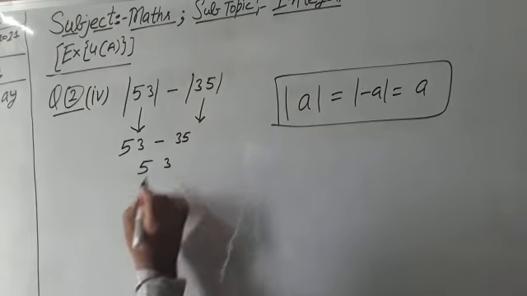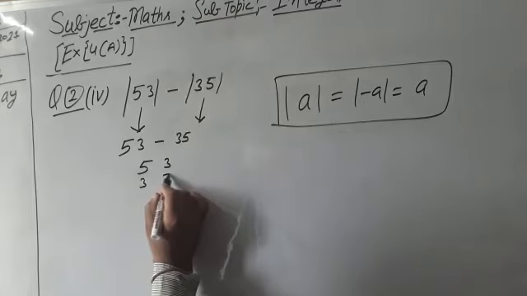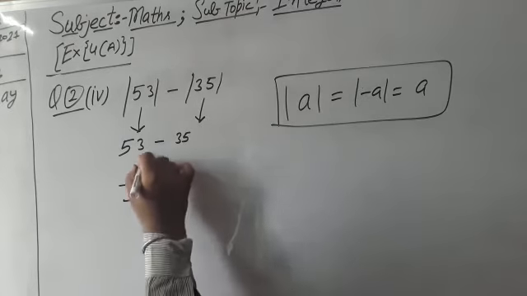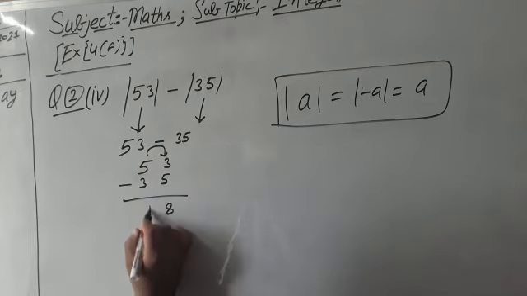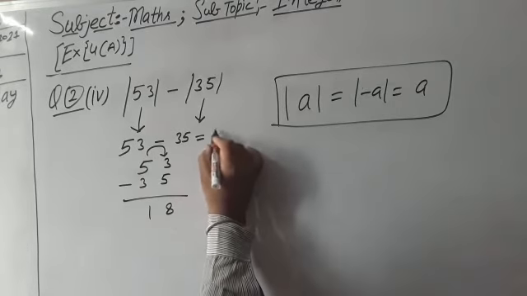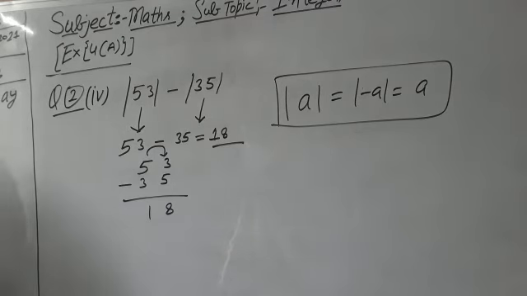This was the horizontal way; this is the vertical method. We take it in this way. After that, subtract, carrying over: 13 minus 5 is 8, 4 minus 3 is 1, so 18. The answer is 18. Is it clear?